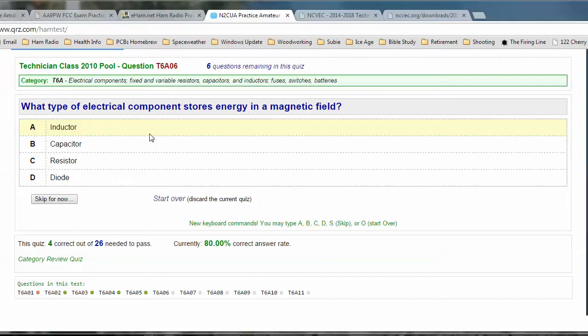When that magnetic field collapses, whether it's part of a frequency type thing like 60 hertz, or just DC current flowing through it that's not changing, and then you shut off the DC current, that magnetic field will collapse and induce a voltage on that wire and that inductor. So that's how it stores its energy in a magnetic field. A capacitor stores it in an electric field, and these two do not do that.